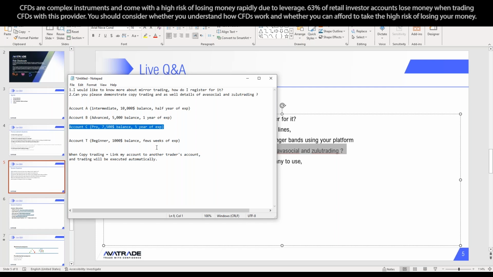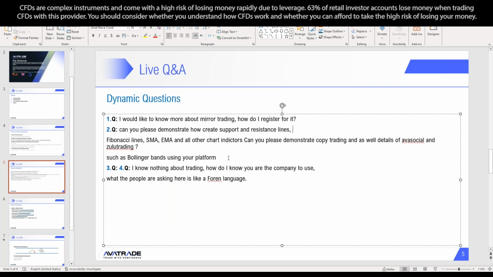Or for a month, how can I know if you're good or not? Even if you've been lucky for I don't know how long. So I would want to look into that and make sure that the person I'm copying is who I want to copy, right? That's the point of my explanation.